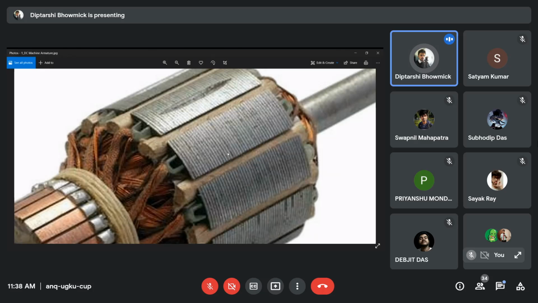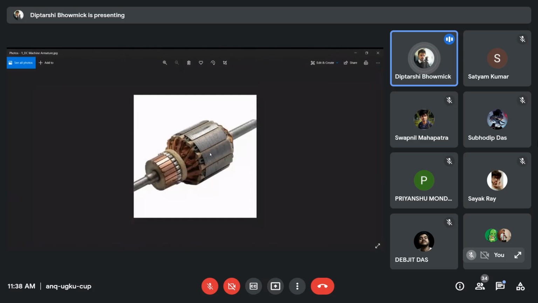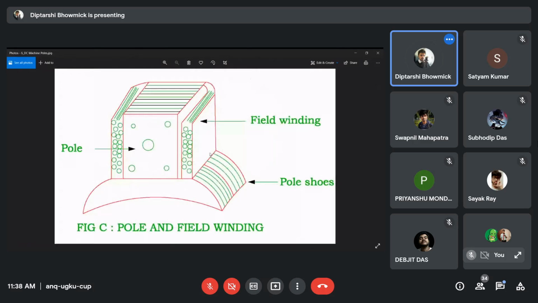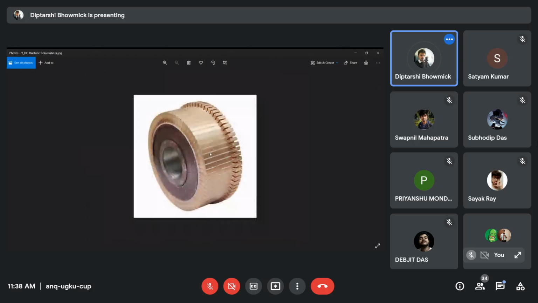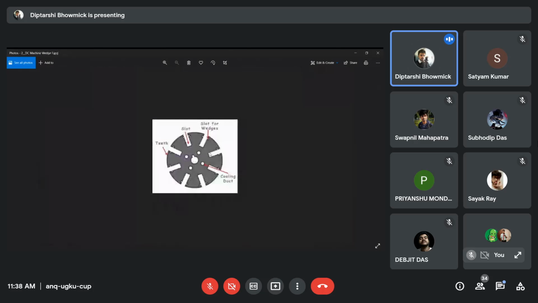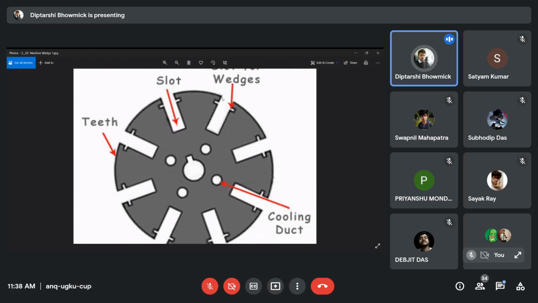Well, now if you want to see the picture of one lamination, that looks like this, the cross section of one lamination. This is the slot, this is the teeth. The teeth is what is visible to you.